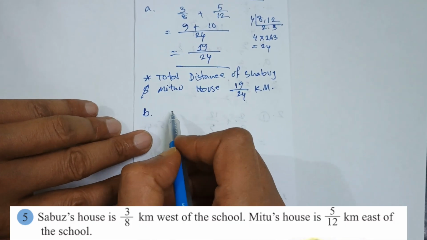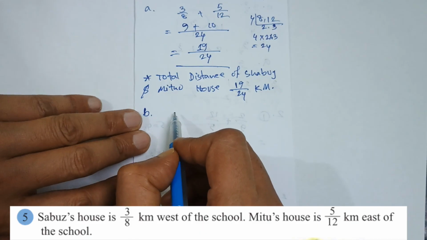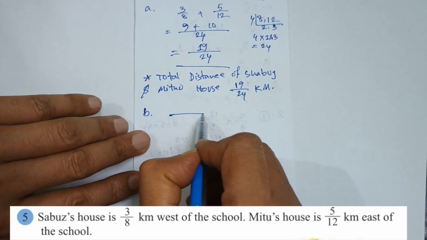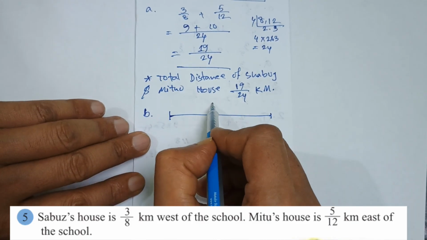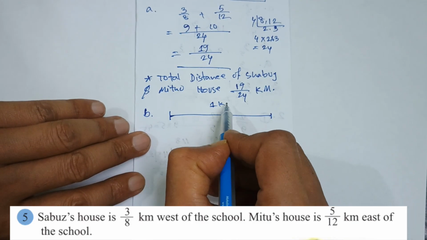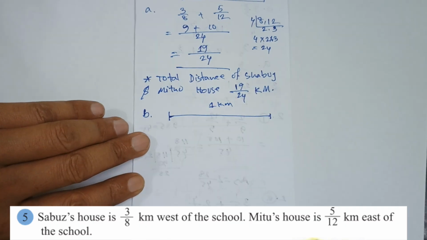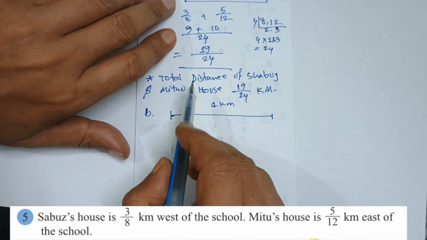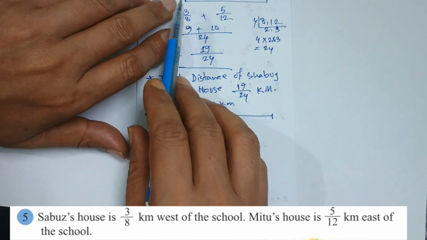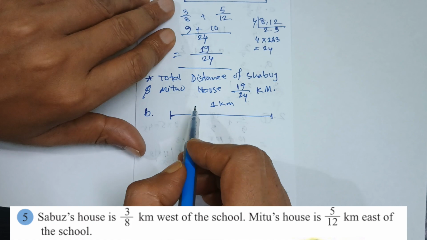If we break down 1 kilometer, we think this is 1 kilometer. If we break down Shobu's house, we break it into 8 parts and take 3.